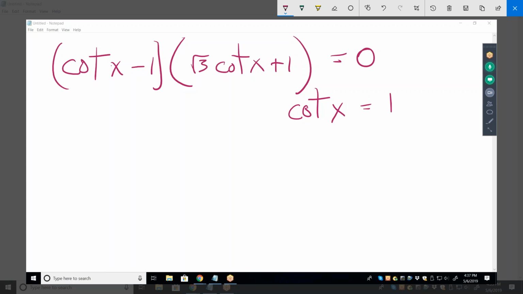Where does that occur? What's the tangent of x going to be if the cotangent of x equals 1? What's the relationship between cotangent and tangent?